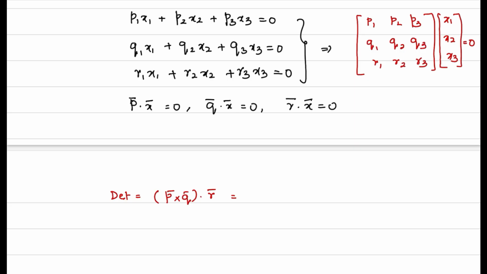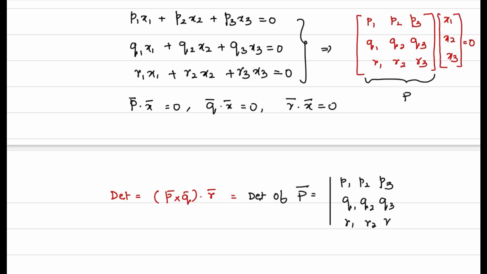Determinant of this particular matrix, let me say P. Then P cross Q dot R, these are the vectors, is equal to the determinant of P, represented by P1, P2, P3, Q1, Q2, Q3, R1, R2, R3.